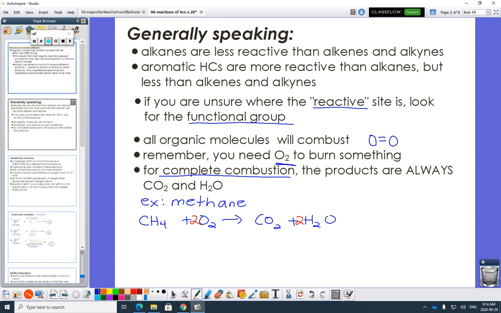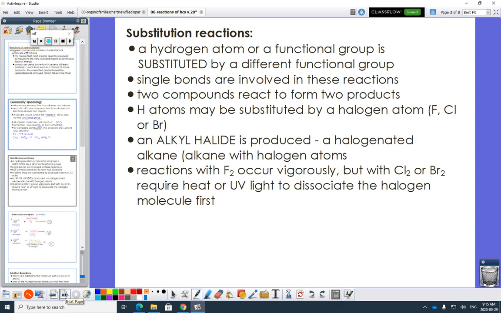Okay. So the first type of reaction based on single bonds is substitution. If I was sick, they would have to replace me. So whatever you have on the chain is being substituted. Something comes off and then something else has to go on.